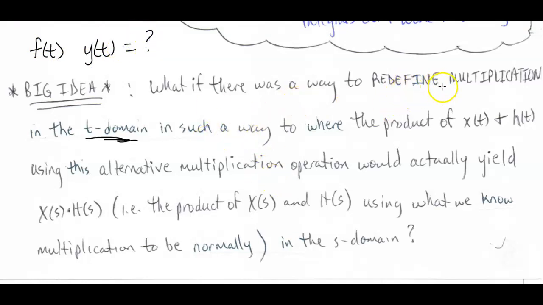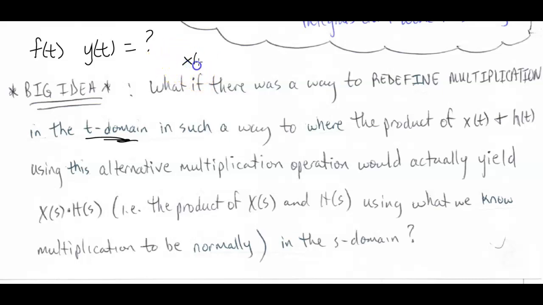So if there's a way for us to redefine multiplication in such a way that the product of little x of t and h of t, using this alternative multiplication operation, would actually yield the product of the Laplace transform of both of those, okay? So essentially what I'm trying to say is this.